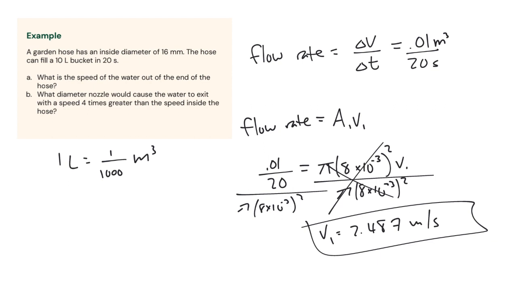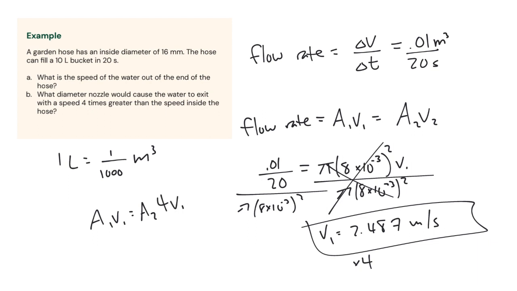Now, you can brute force this by multiplying this by 4, and then plugging it back in for a different velocity and finding a different area. Or we can think about it a little bit on this equation. So our equation was area 1 times velocity 1 equals area 2 times velocity 2. But what we really want is for velocity 2 to be 4 times velocity 1.